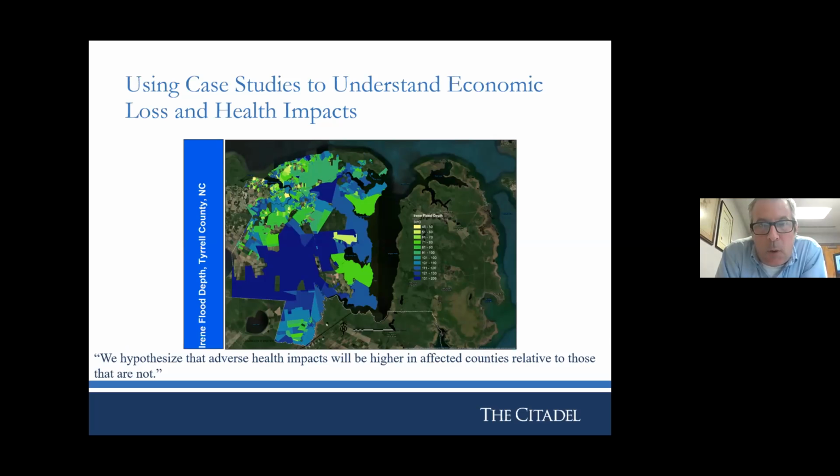One of the questions we have is whether adverse health impacts are higher in affected counties than in those that are not. And maybe we could drill down to the parcel level, since we have this information, rather than staying at the higher county level.